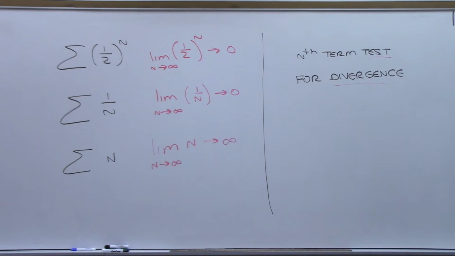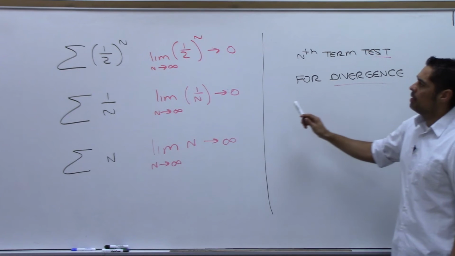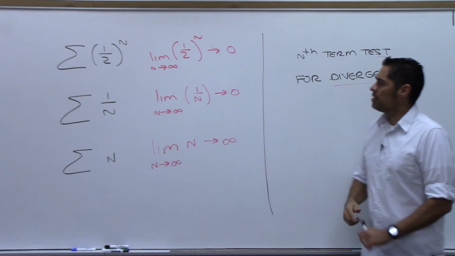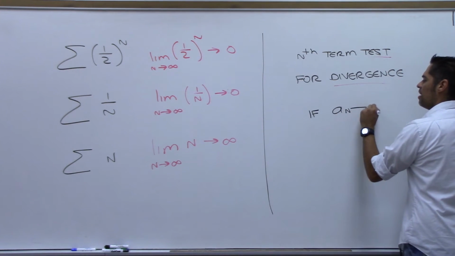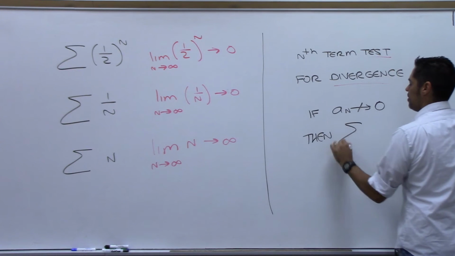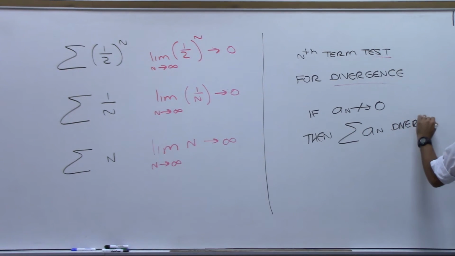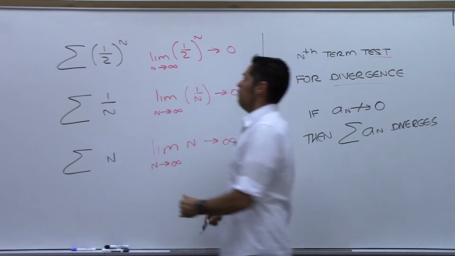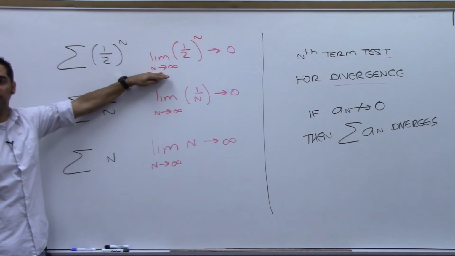Okay, so let's take a look at these three series, running the nth term test. It says that if this thing does not go to 0, then the series diverges. That's what the test says. So when I run the test on this one, what do I conclude? a sub n goes to 0.